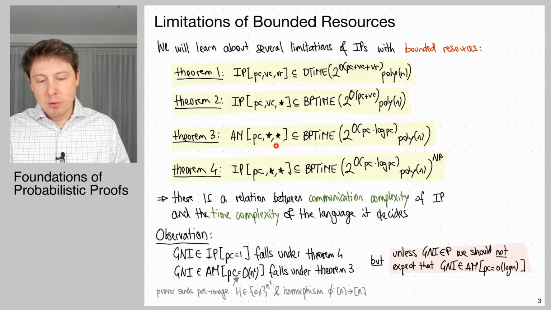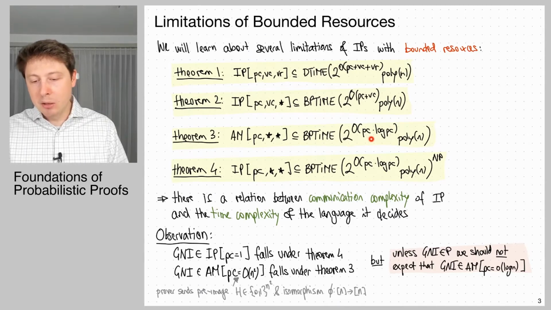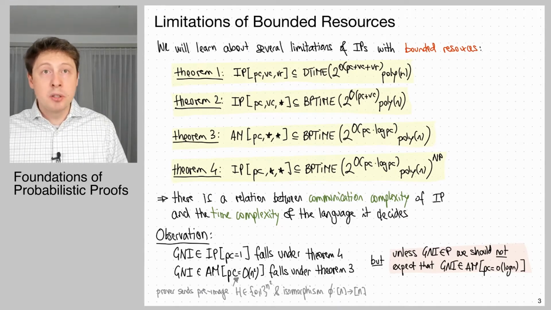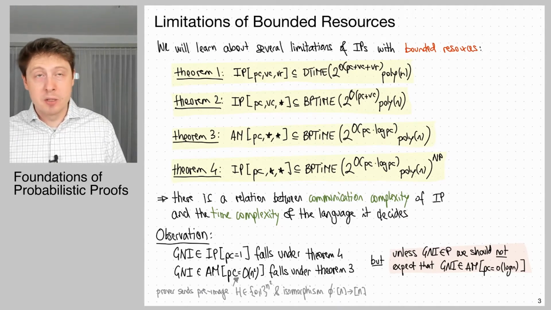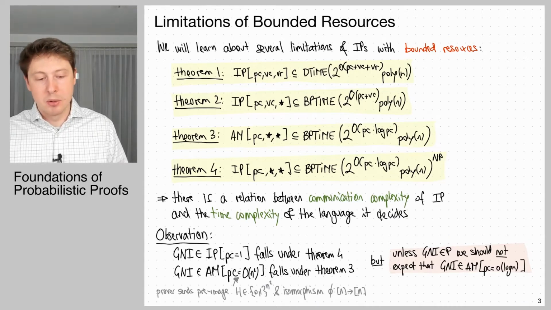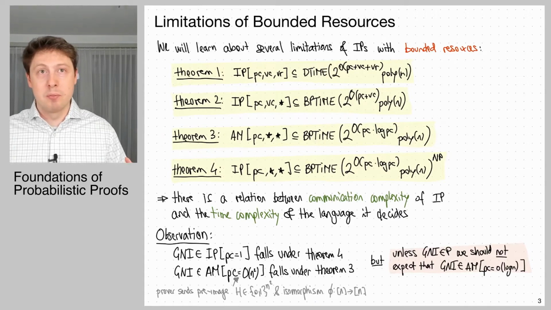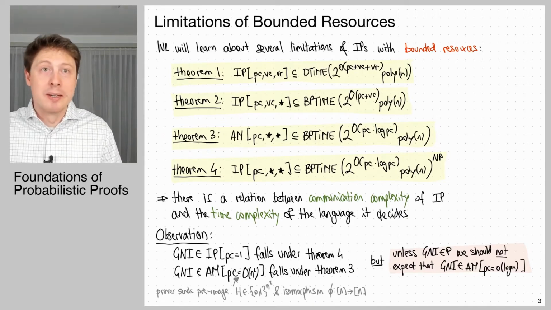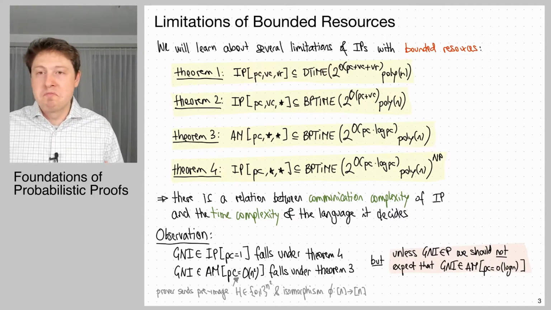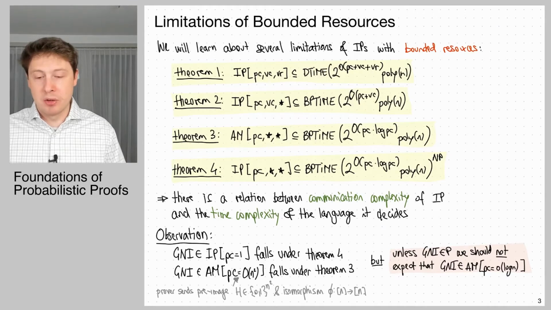Well, we would get that SAT is decidable in 2 to the little o of n. Well, that is not good, right? It contradicts the exponential time hypothesis. So we definitely cannot expect, maybe SumCheck to give us something sublinear. SumCheck is a public coin style of interactive proof. So for SAT in general, we cannot expect such a thing.